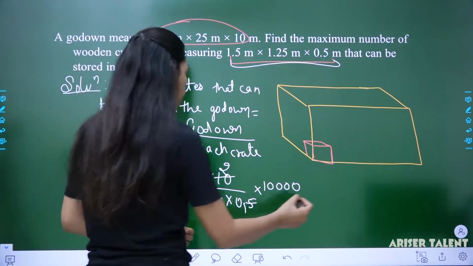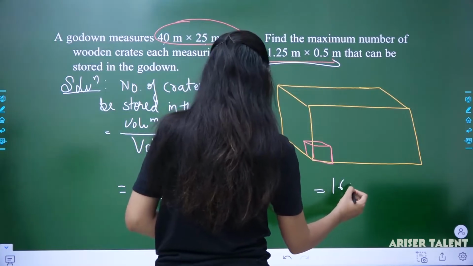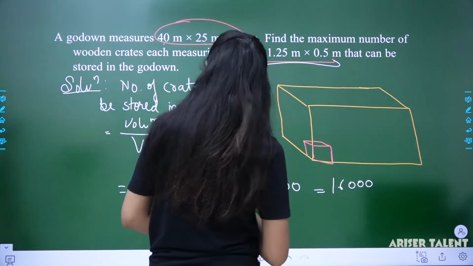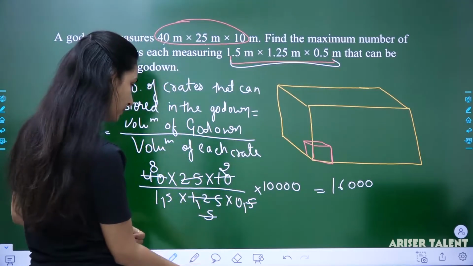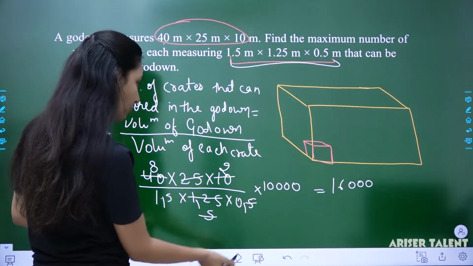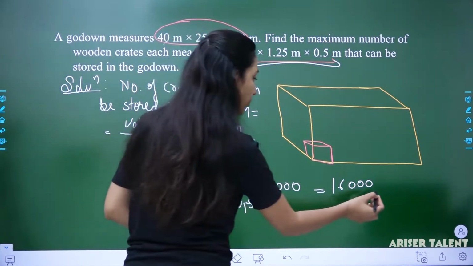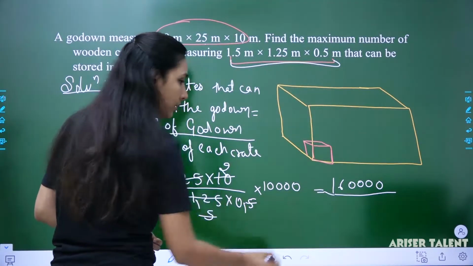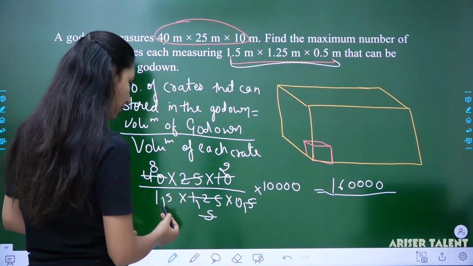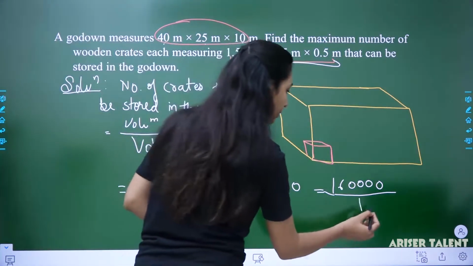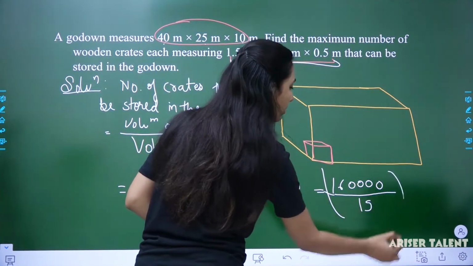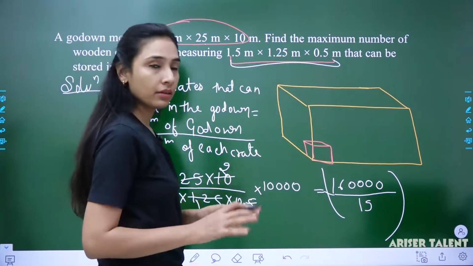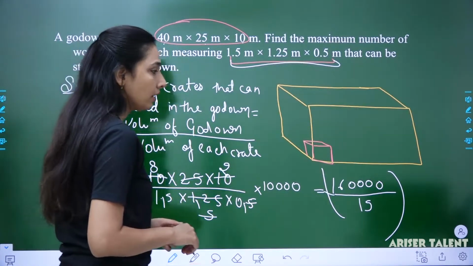So that will be 16,000. Then you'll be having 1, 2, 3, 4 zeros, so 1,60,000 divided by this 15 remaining here. Now you can solve this term, and whatever comes will be the number.